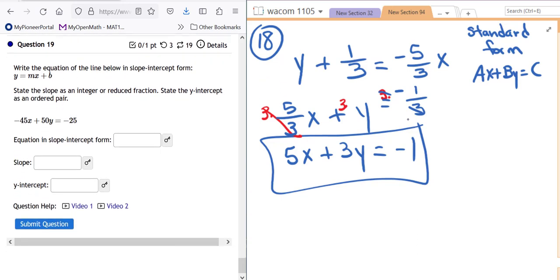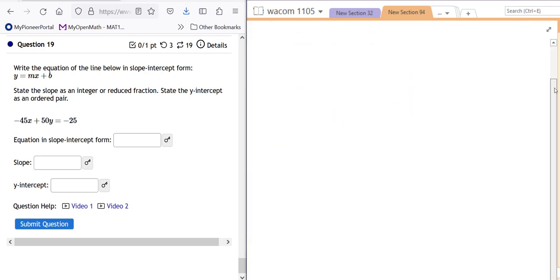All right, and they want this one in slope-intercept form. We can do that, and then we'll stop. Okay. So 19. Write the equation at the end in y equals mx plus b form. So slope-intercept form.